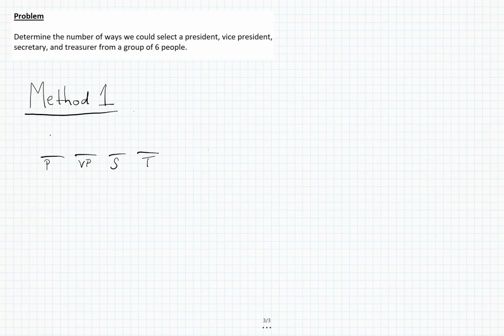We have 6 possibilities for the first, followed by, for the vice president, you can't have the president be both president and vice president, so that would be 5 possibilities. That same rule applies, so 4 for the secretary position and then 3 for the treasurer. This gives us an answer of 360.